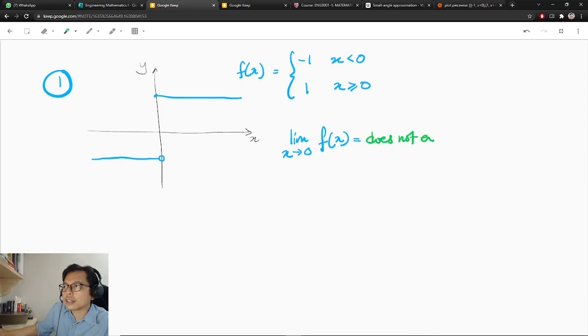The reason is because, remember, when we approach 0 from the right-hand side, it is plus 1, but when we approach 0 from the left-hand side, it's going to be minus 1. So in this case, okay, it's Azan right now, so I'm just going to write the answer here.